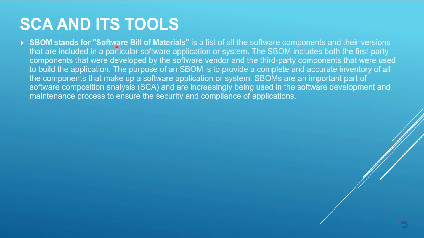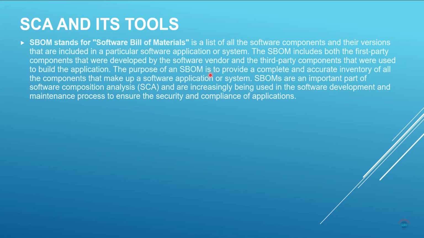So, as you can see, software bill of materials will provide us a complete list of all the software components, including their versions in a particular software. It will include both first-party components that are being developed by the software vendor. First-party component means that your development team will be developing, that will be called first party, and third-party components will be some external components that your development team might be using.